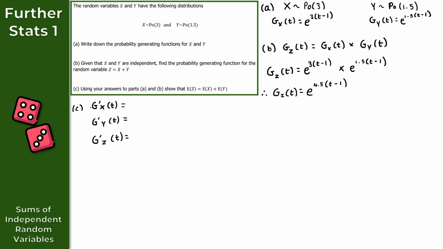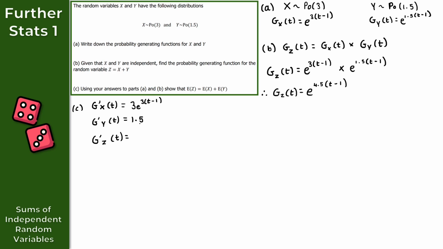So let's start with g prime of x in terms of t. Just differentiating this PGF, what would we get? Well, nice and straightforward, we would simply get 3e to the power of 3 bracket t minus 1. Let's keep going. For g prime of y in terms of t, I'm going to get 1.5e to the power of 1.5 bracket t minus 1.